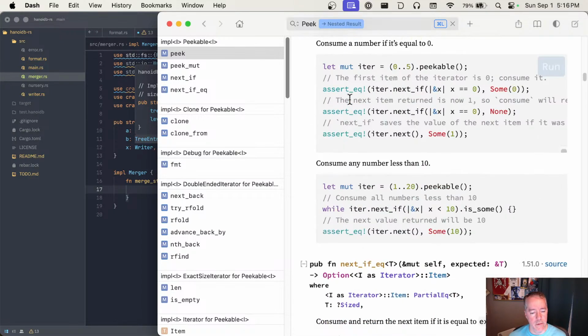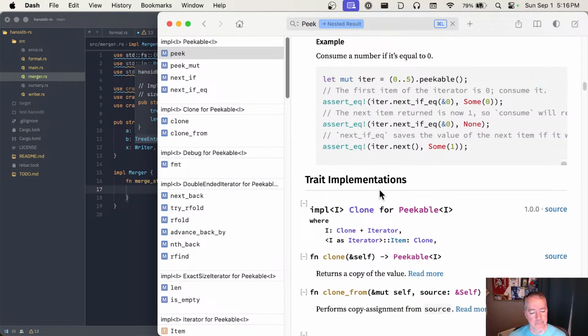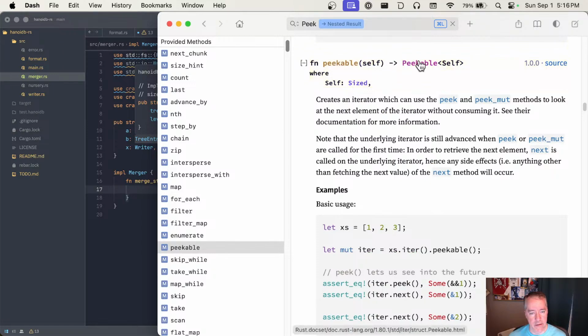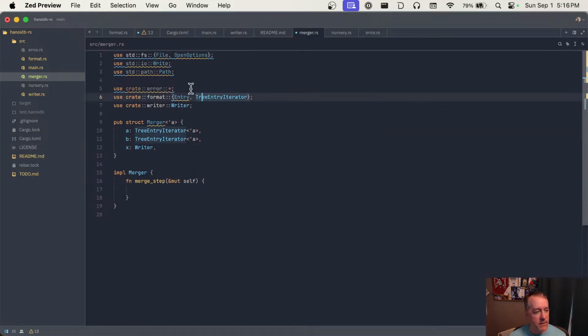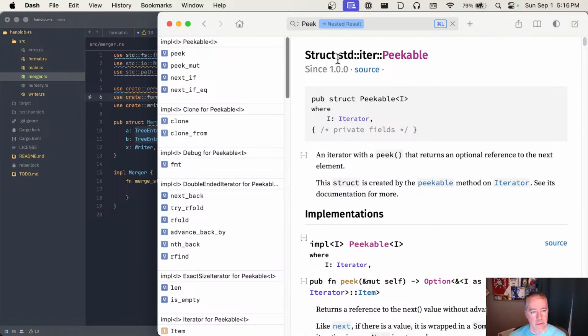Interesting that we do next if, like we could do, okay, so peekable is a method on iterator. So I think that we want to import this.